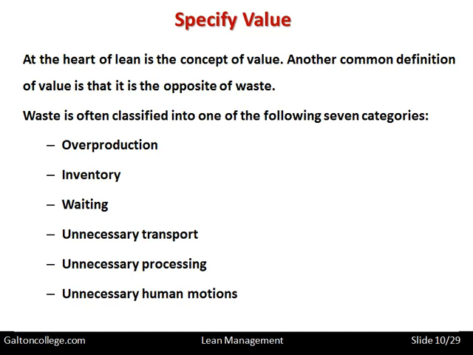And look at unnecessary human motions. Sometimes people have to walk between machines and pick up the items and move back to the other machine and set it up, or walk to the stores, or people just seem to walk round production systems.